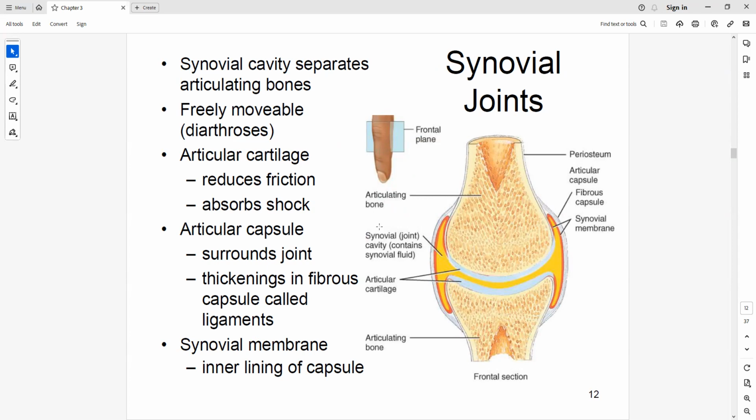So we do have not only the cartilage that brings a low friction surface to these joints, but we also have the joint capsule, which is lined by synovial membrane, and there is a synovial fluid that lubricates this joint for movement with even less friction.